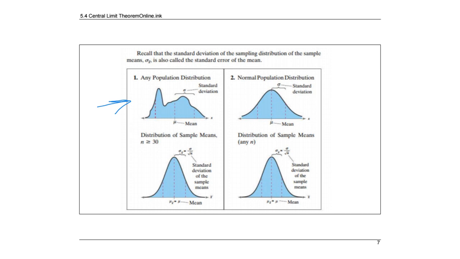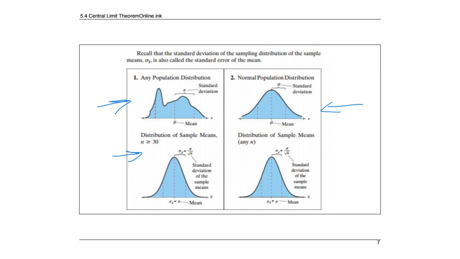Whereas if you come down here and n is greater than or equal to 30, then it starts to look like our bell curve, like we want it to be. And then on the other one, you've got your normal population distribution, which already has a nice bell curve.